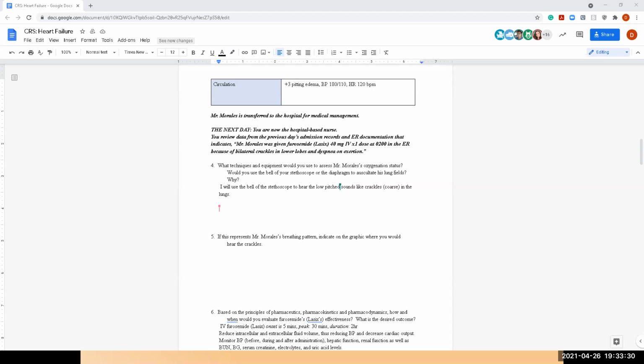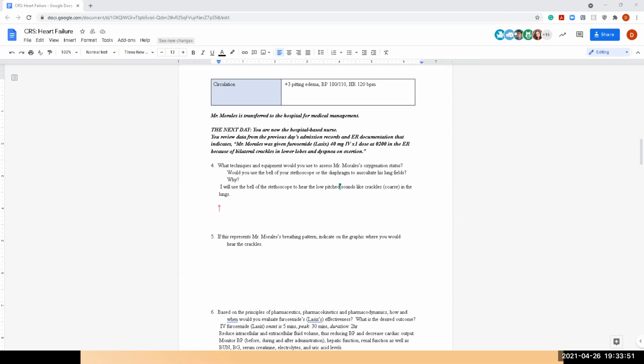So I'm seeing though that the bell is best for lower pitch sounds. Right, and coarse crackles would be low pitched, and those ones are usually more associated with pneumonia. I have a slide on this too.